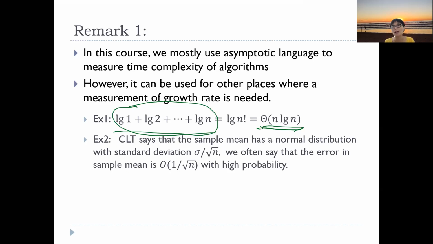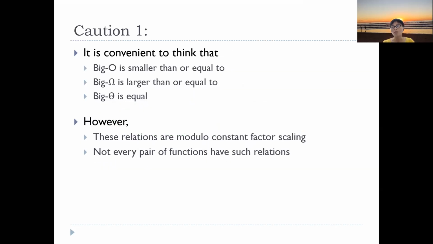We can just say that the error in the sample mean is of the order of 1 over square root of n with high probability. The precise example is not important. I'm just saying that this asymptotic language can, in general, give us some idea of the order of the scale of the function of interest.